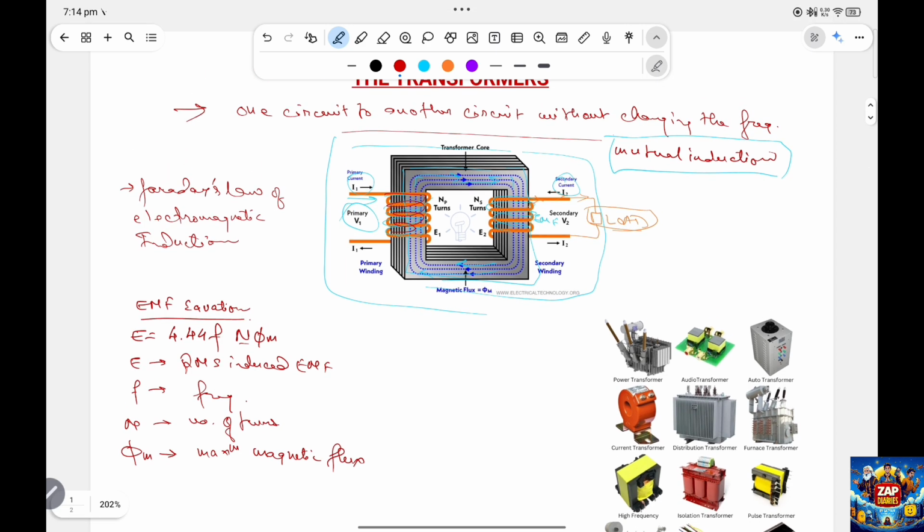The ratio of voltage between the primary side and the secondary side is given by V1 by V2, like voltage primary by voltage secondary, equals number of turns secondary by number of turns primary.